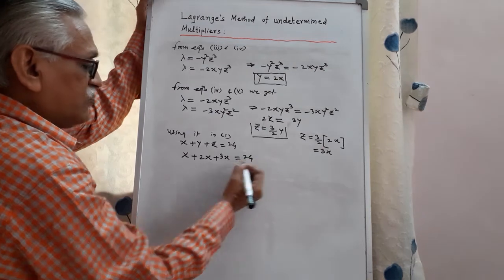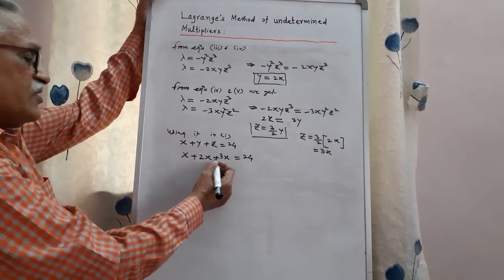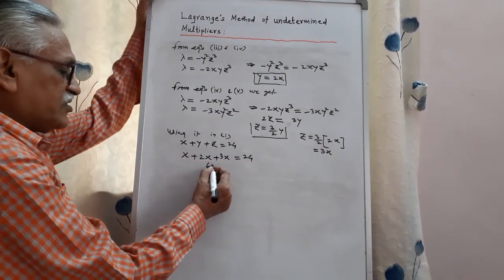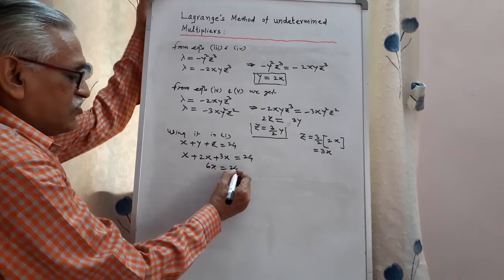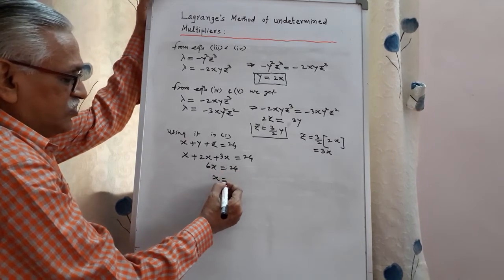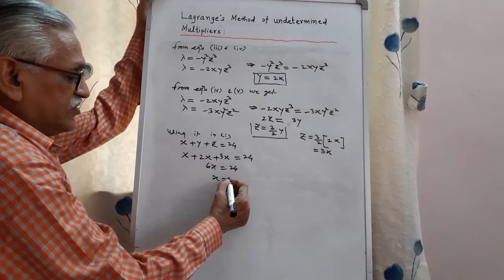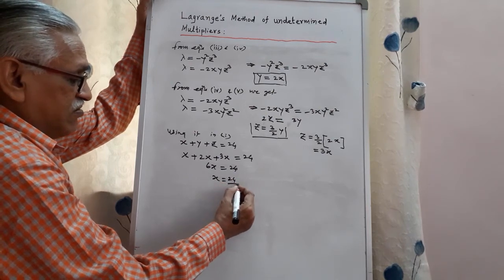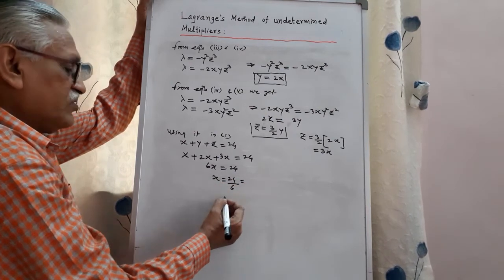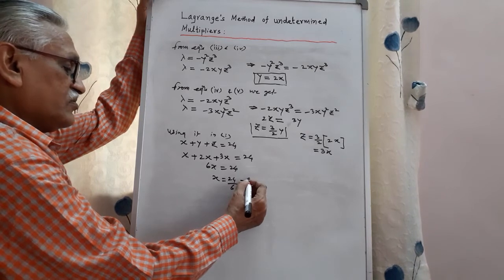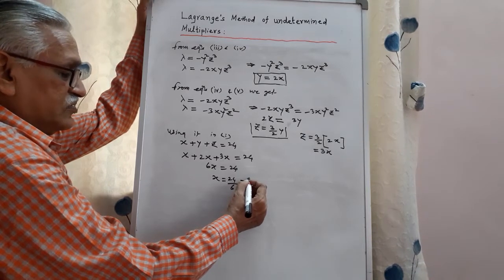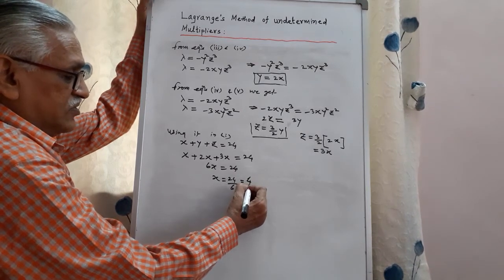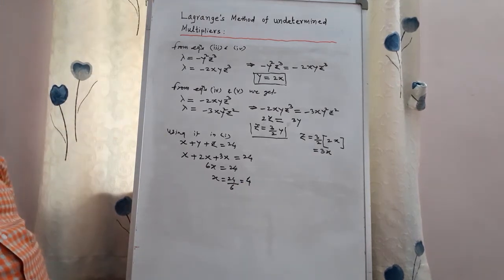Therefore x plus 2x plus 3x is equal to 24. If we take the sum of this, 1 plus 2 plus 3, that is 6x is equal to 24, we get x is equal to 24 by 6, and therefore x is 4, since six fours are 24.